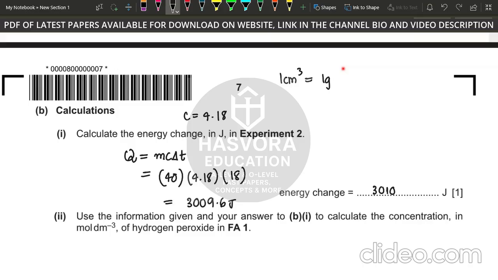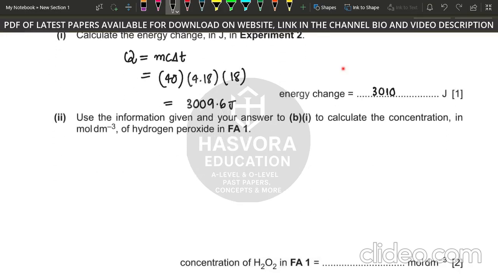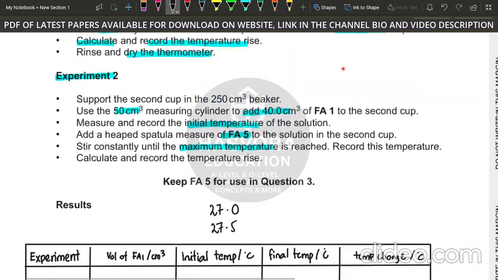Okay, so use the information given in your answer to B1 to calculate the concentration in mole per dm cube of the hydrogen peroxide. Now this is a tricky part as well, because I told you, remember, in the information they are actually giving you the hint as well, that how we are going to be calculating the concentration. So what they have done is that they have given you the energy change for the 1 mole.